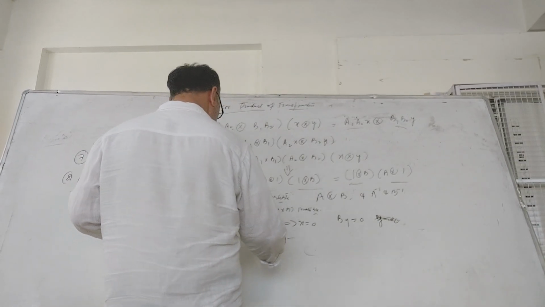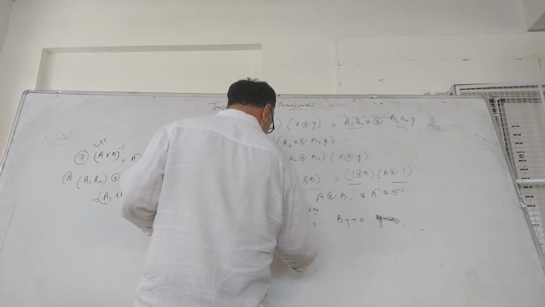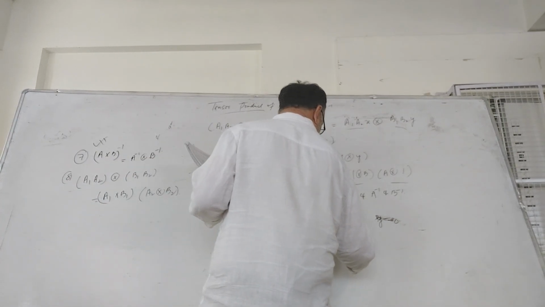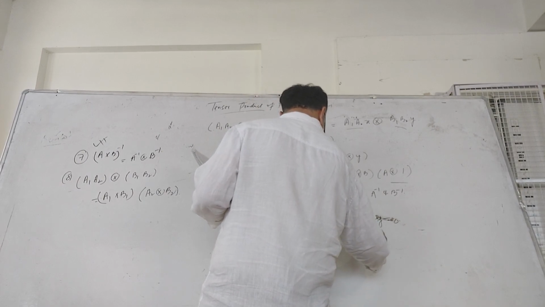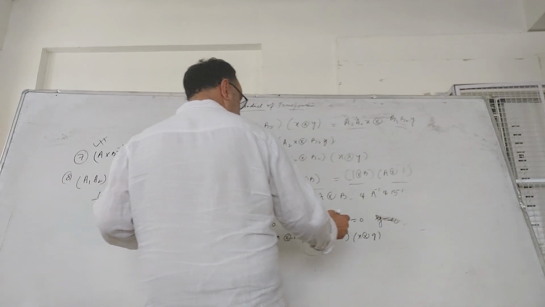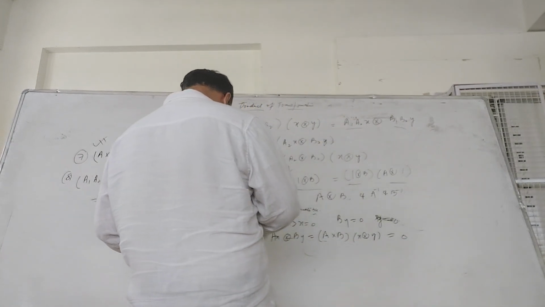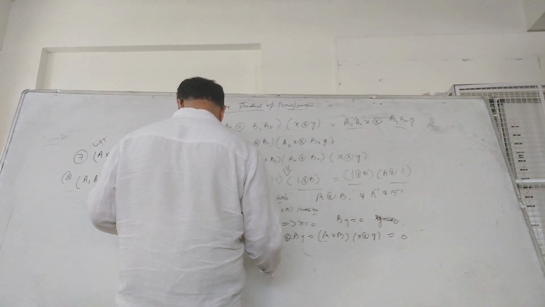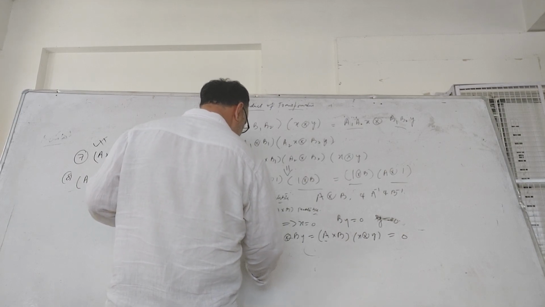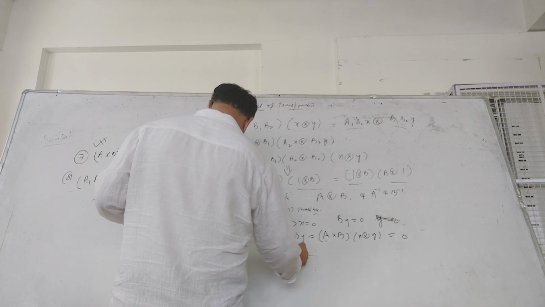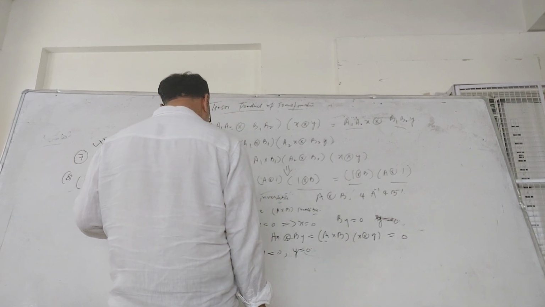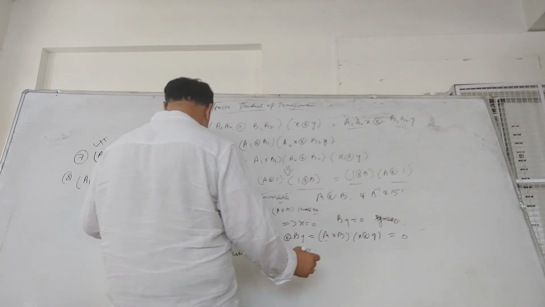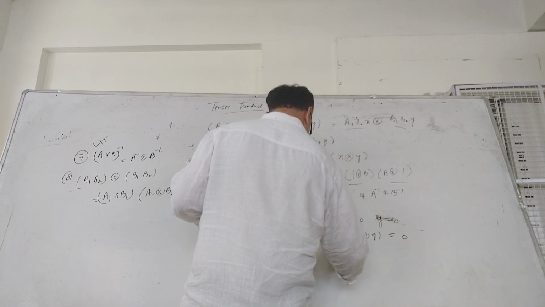And from this, Ax tensor product By is A cross B first, then X with Y, which is X cross Y. This is equal to 0. So either X is 0 or Y is 0. Since B equal to 0 is impossible, we may find that the vector By is not equal to 0.